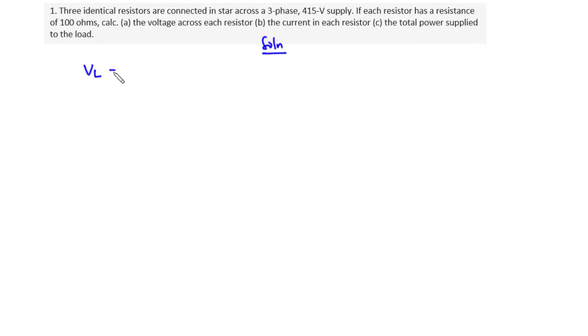So we have VL to be 415 volts, and the resistance in each phase to be 100 ohms. So we can say that ZP is equal to 100 ohms, and the impedance is solely due to the resistor.